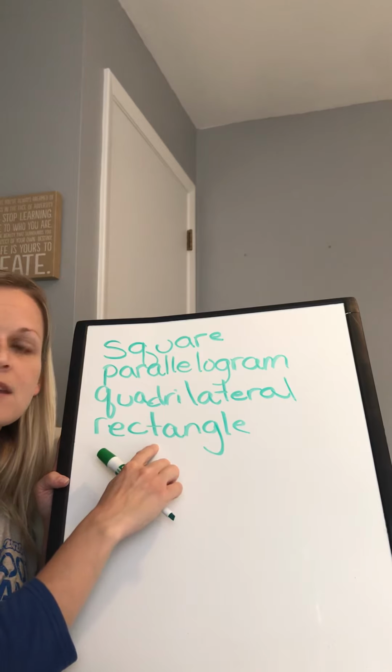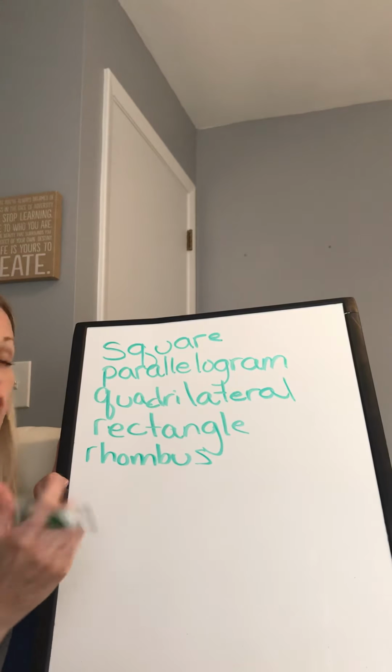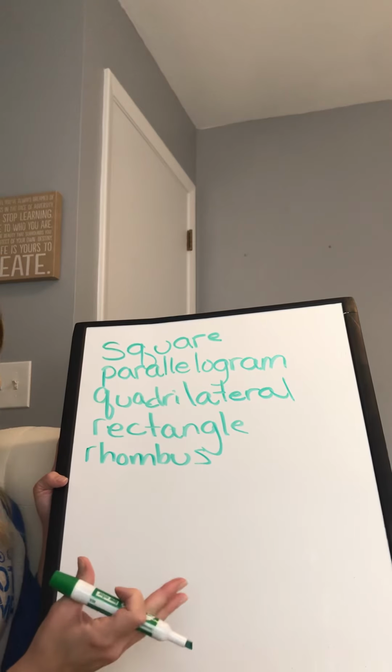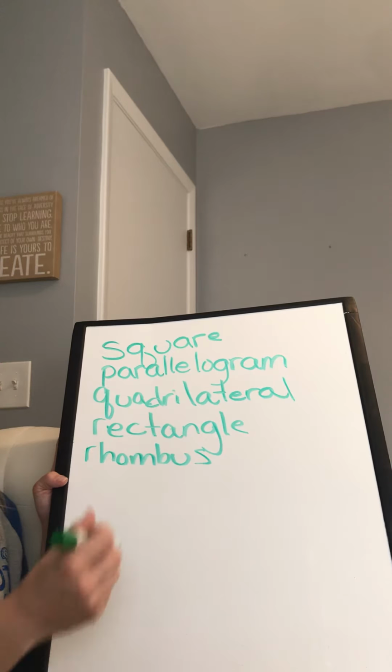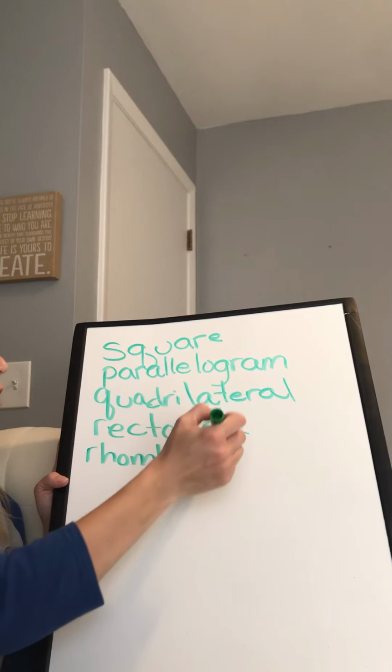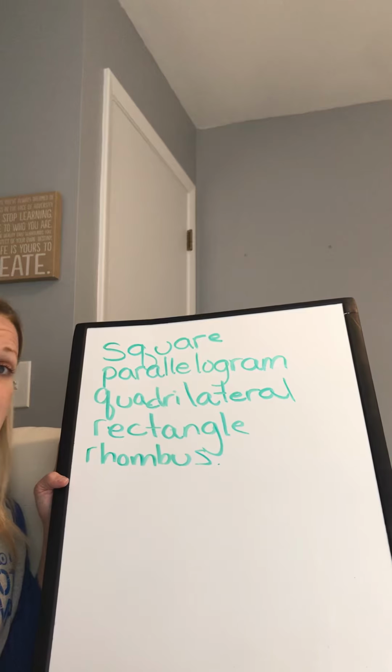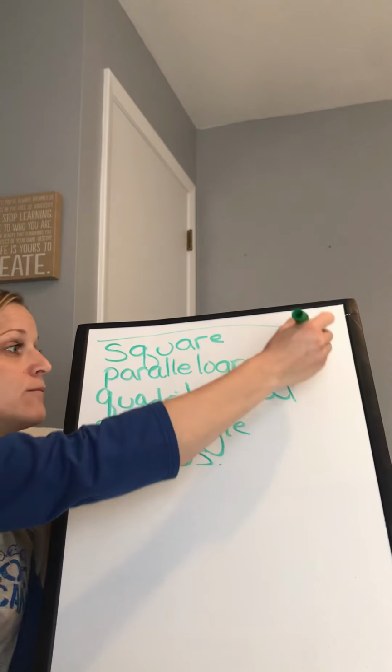We could also call a square a rhombus, because a rhombus has four equal sides, just like a square, and it has two pairs of parallel sides. Okay, so I can call a square 1, 2, 3, 4, 5 different names. These are all the names for a square.